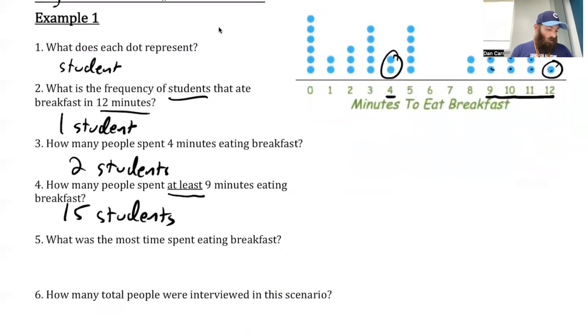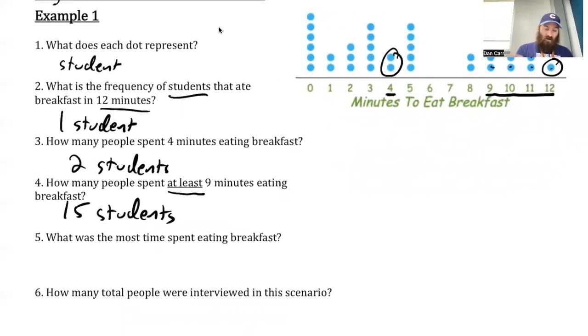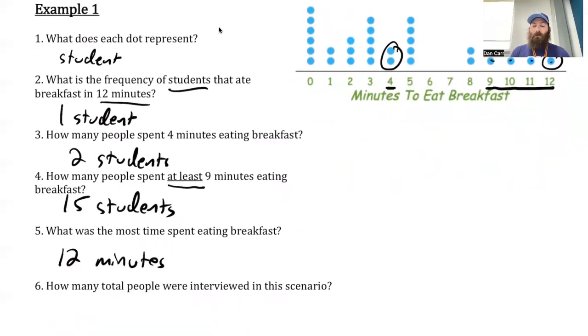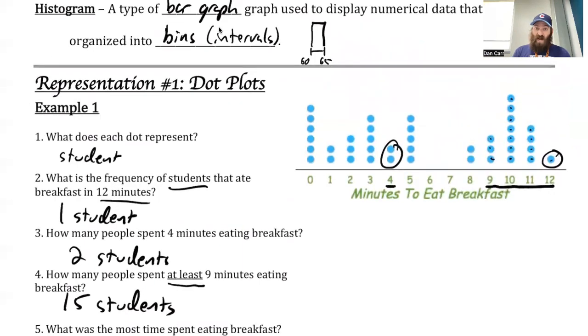Okay. What was the most time spent eating breakfast? Well, we saw that earlier. The highest number is 12 minutes. How many total people were interviewed in this scenario? So this is actually just the total number of dots. So I just kind of look through it again here. Okay, so we're just going to add up all of these numbers.